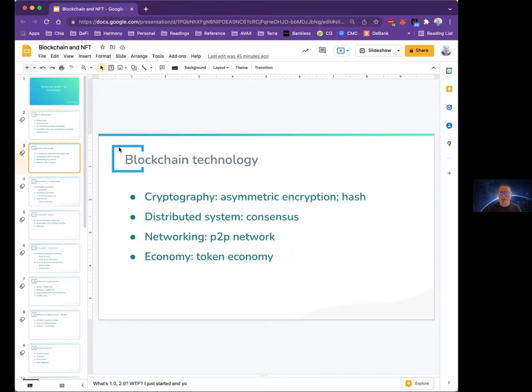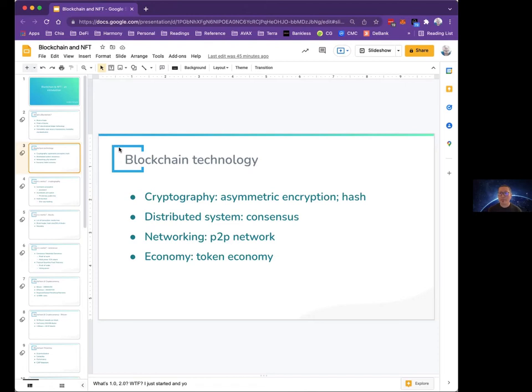So blockchain technology itself consists of many different subjects in computer science. It's not just one single technology. It's a combination, an aggregation of different technologies altogether. But first of all, the most important subject used in blockchain technology is called cryptography.